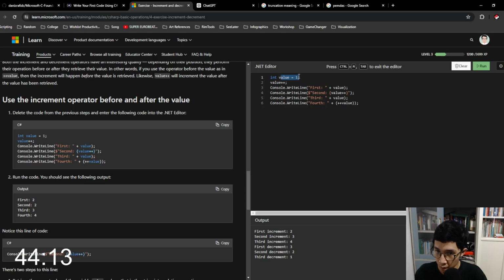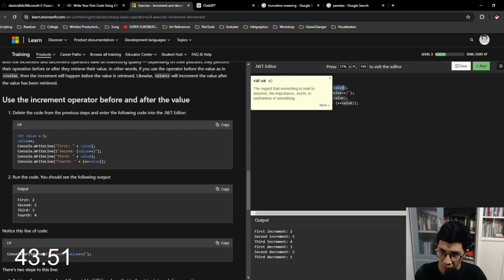Value is equal to 1, value incremented, so 1 plus 1 incremented by 1 is equal to 2. So the first value should be equal to 2, I think.